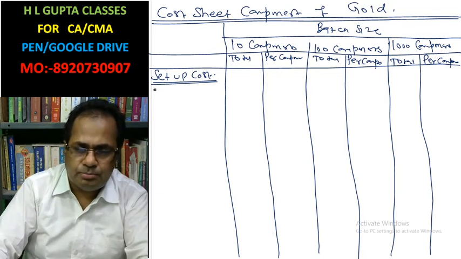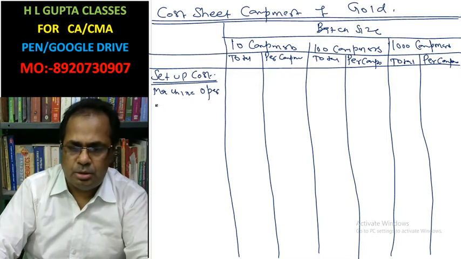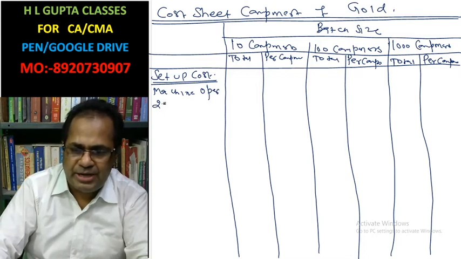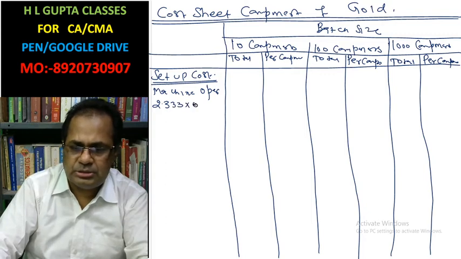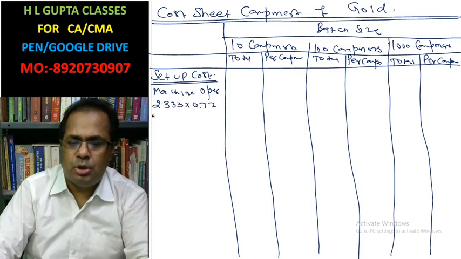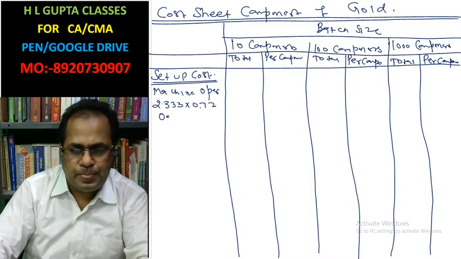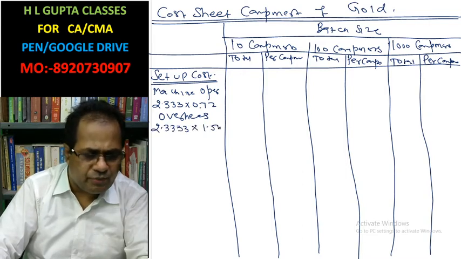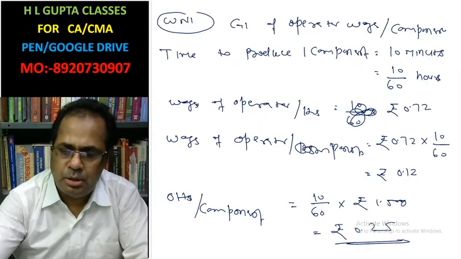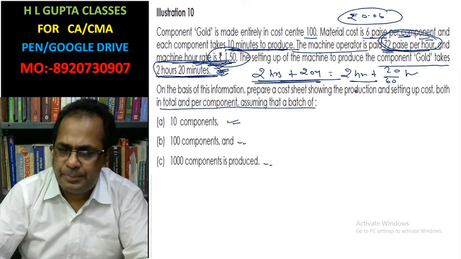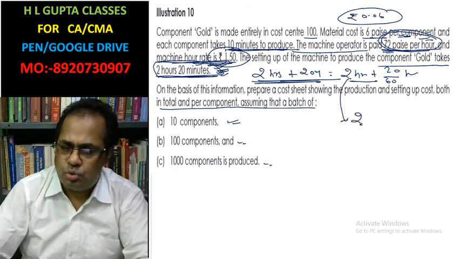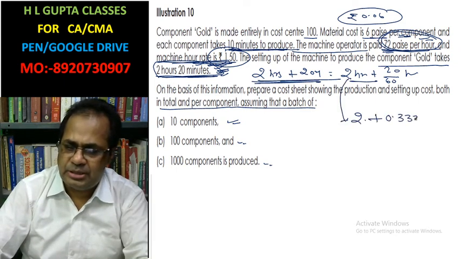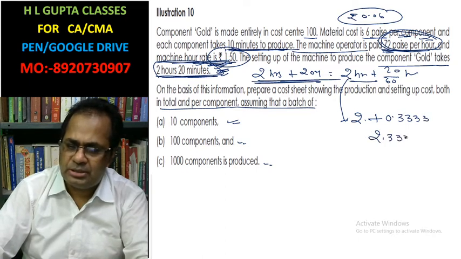Machine operator: 2.333 hours at 0.72. Overheads: 2.333 hours at 1.50. Why 2.333? Because 2 plus 0.3333 is 2.3333 hours.